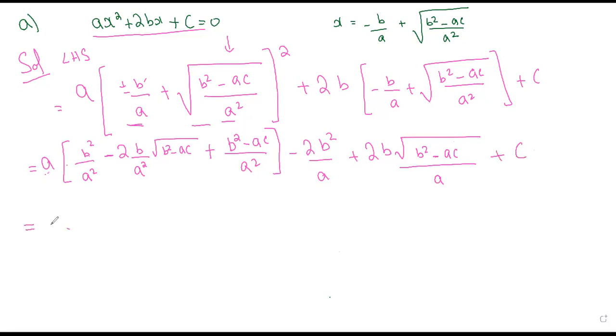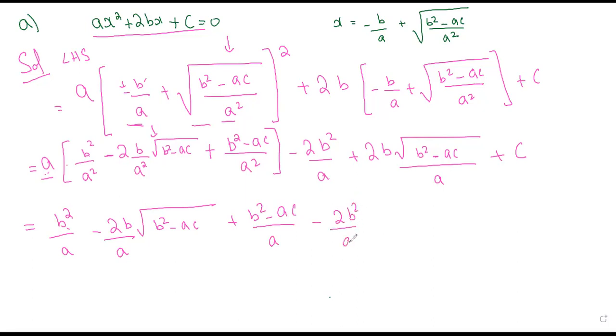Now I'll multiply A. That would become B square over A. Then I'll multiply A with this term. It would become minus 2B by A under the root B square minus 4AC plus B square minus AC over A minus 2B square over A plus 2B under the root B square minus AC over A plus C. Now it's time to cancel out some same terms.